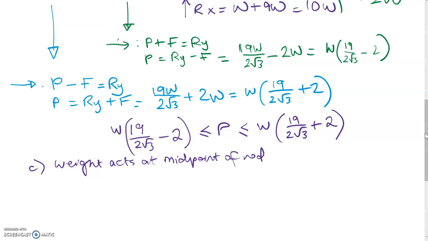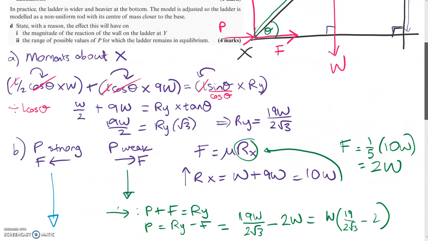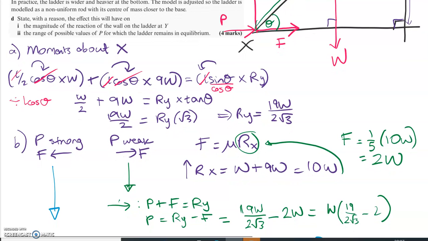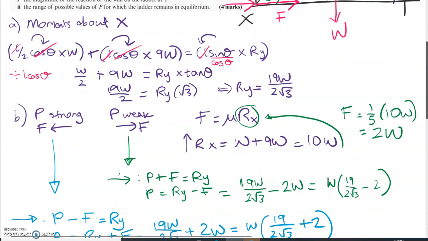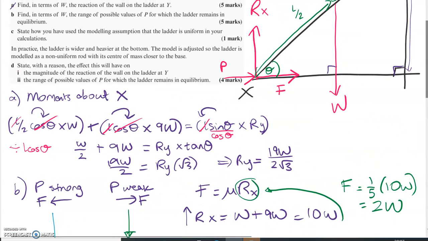And part D has part i and part ii. It says, if you actually said that it was non-uniform and the ladder is wider and heavier at the bottom, that means the center of mass would not be here, it would be a bit closer to the bottom. So if I just show it on the diagram, what you're saying is W is actually, say, here.